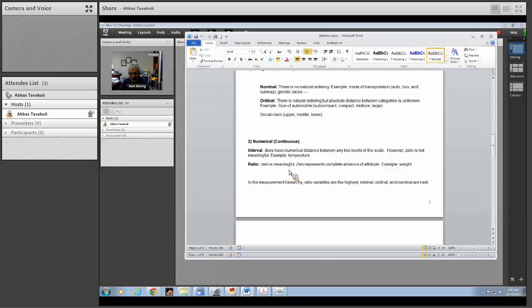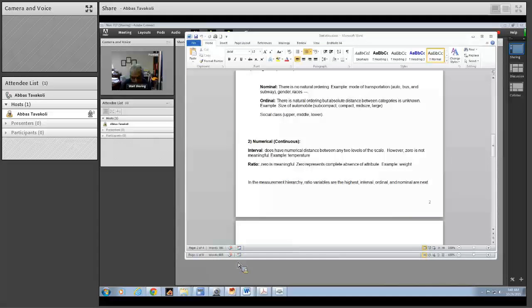The only difference between interval and ratio in continuous or numerical values is that 0 is meaningful in ratio, and that means complete absence. If the complete absence is meaningful, then your variable is ratio.